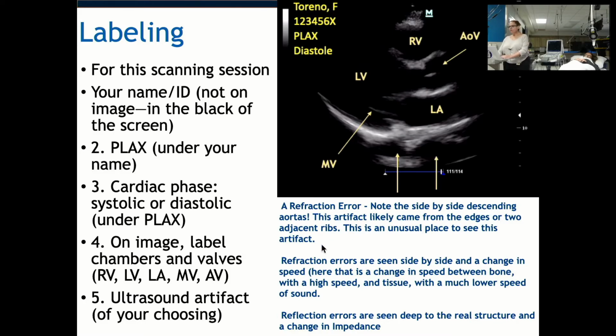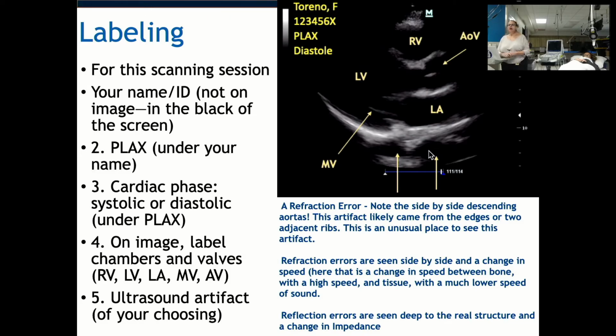If it was a reflection artifact, then the artifactual echo that's demonstrated would be placed deep to the real echo. So reflections lie deep to their originating structure, and refractions lie adjacent, side by side.